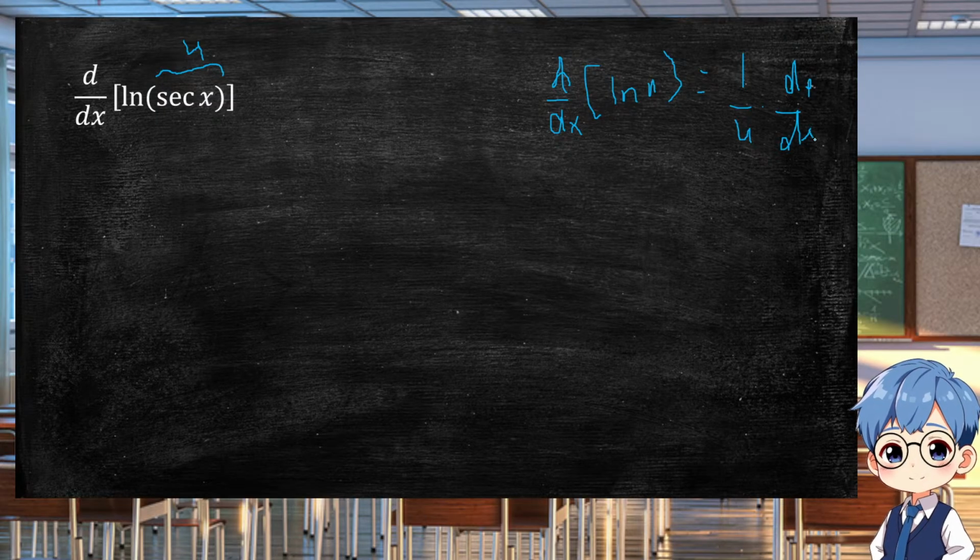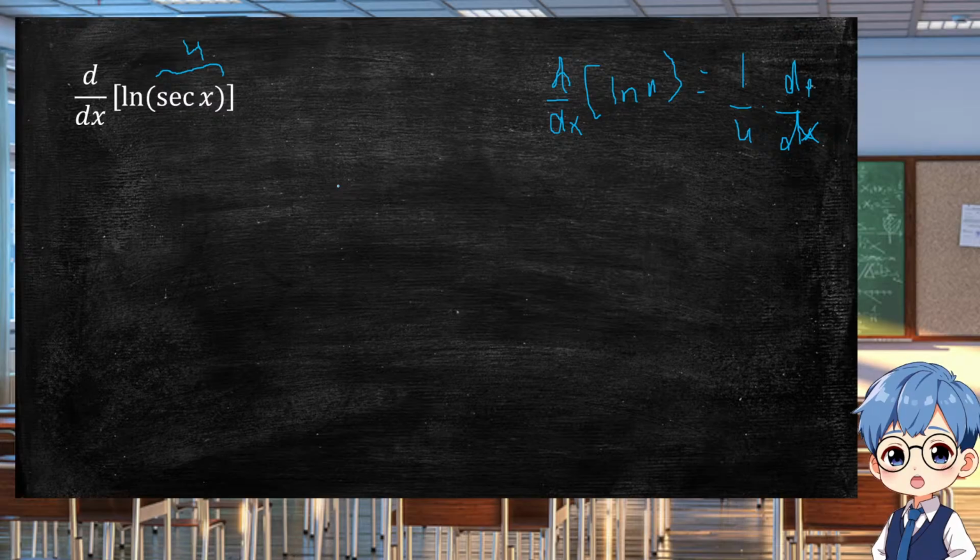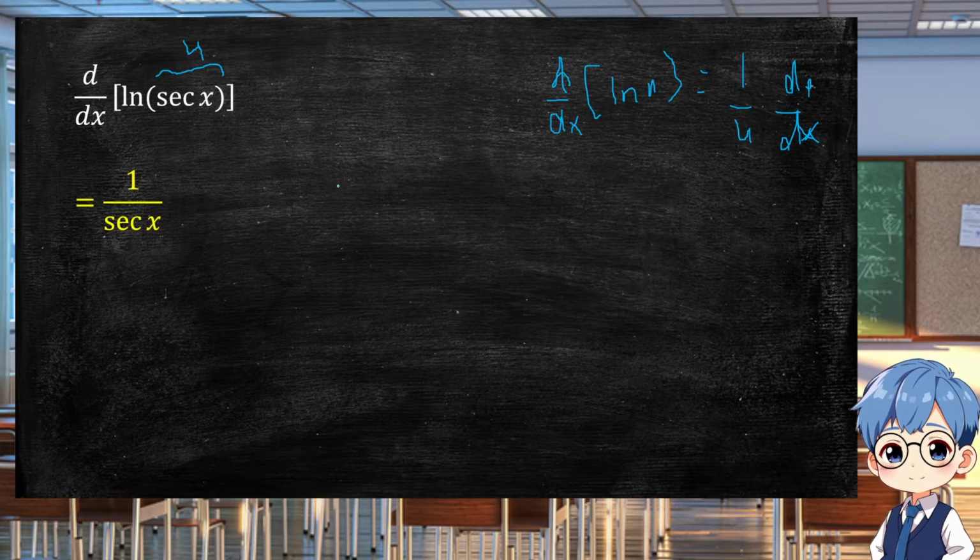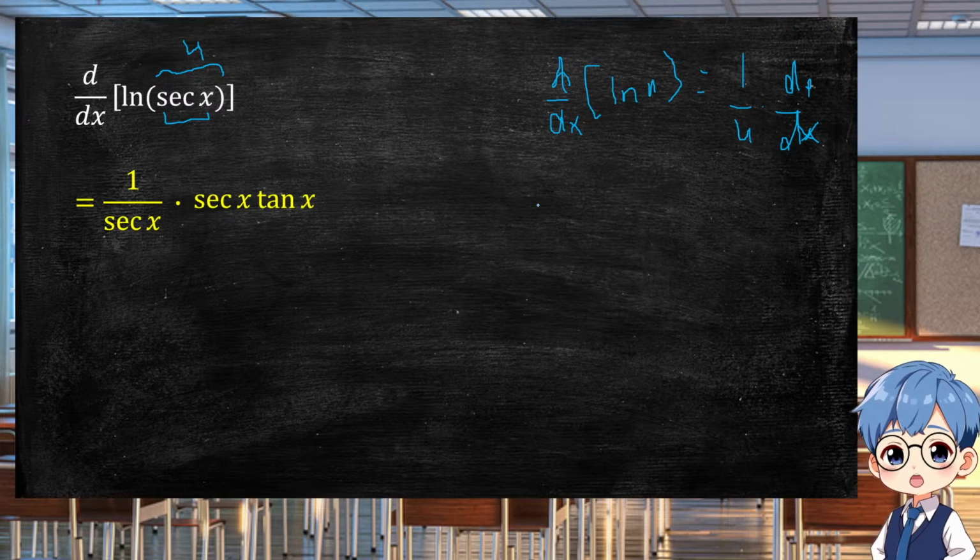So we have here 1 over secant of x, then times whatever is the derivative of secant of x. Take note, the derivative of secant of x is secant x tangent x. So that's why here we have times secant x times tangent x. And of course, the derivative of the angle, the derivative of x, is just 1.